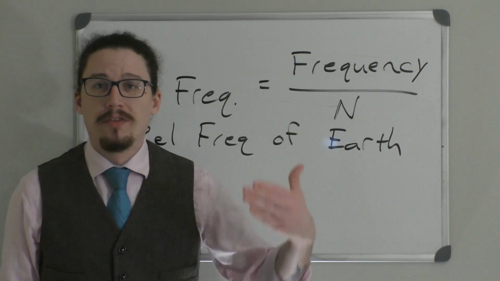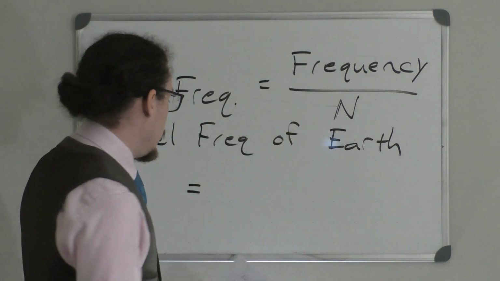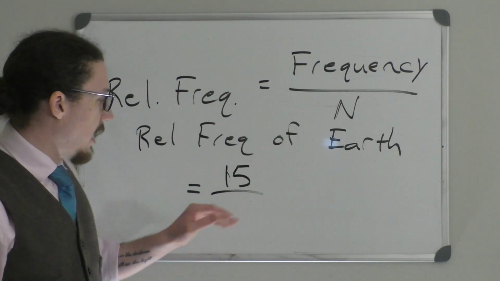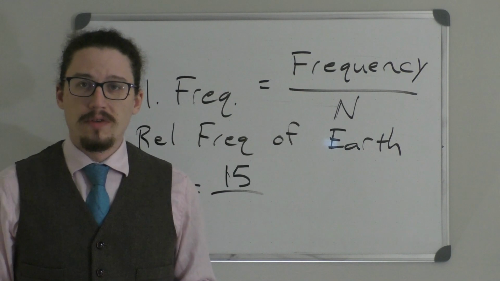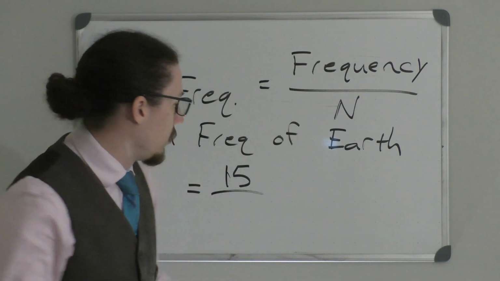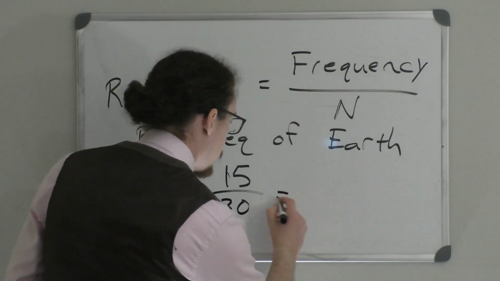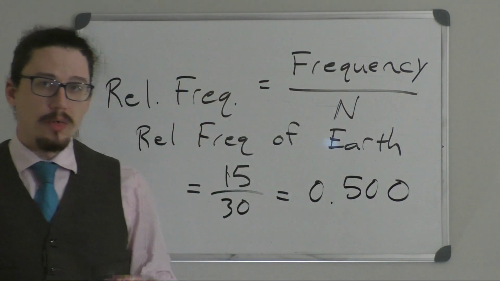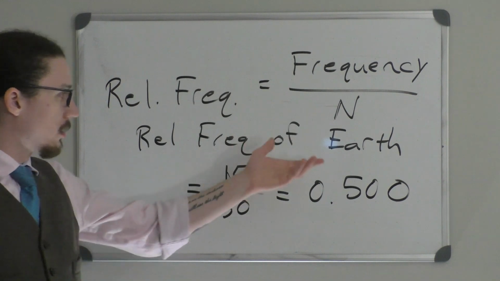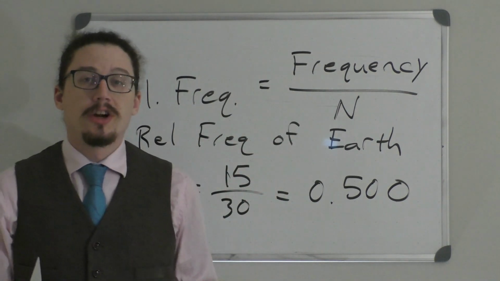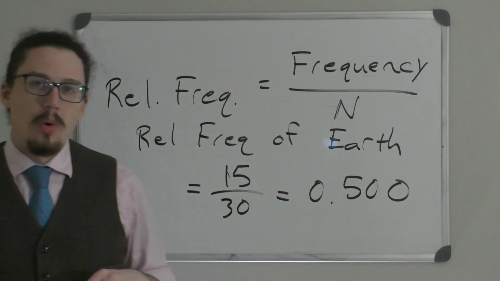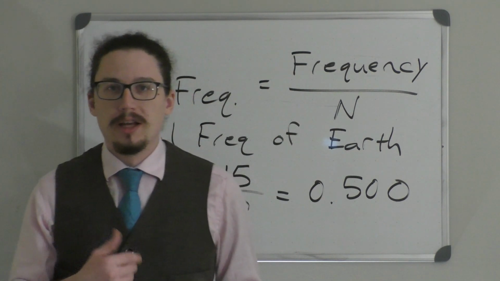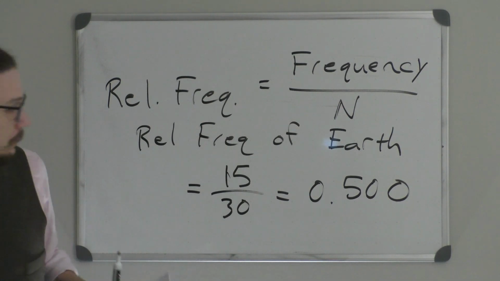We refer back to our frequency distribution and see that it was 15. Then we divide that by the total number of observations, which we know is 30. So our relative frequency for the occurrence of Earth is 0.500. That's how we would calculate those relative frequencies.